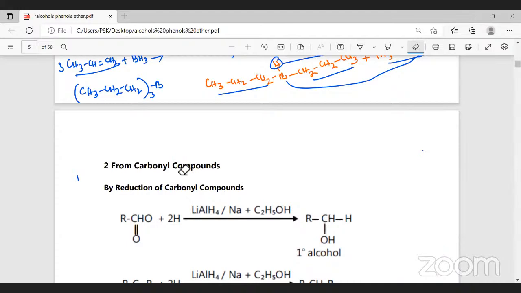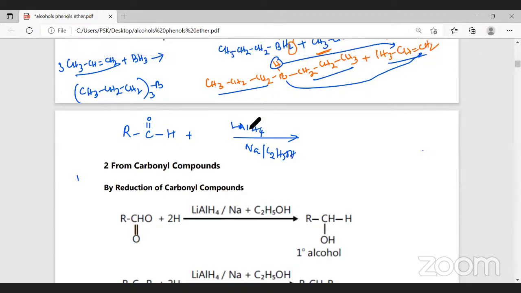Now, an aldehyde we can represent with a general representation: R-C double bond O and H. When you reduce this using a strong reducing agent like lithium aluminum hydride, LiAlH4, or sodium in ethanol, it is a good reducing agent.